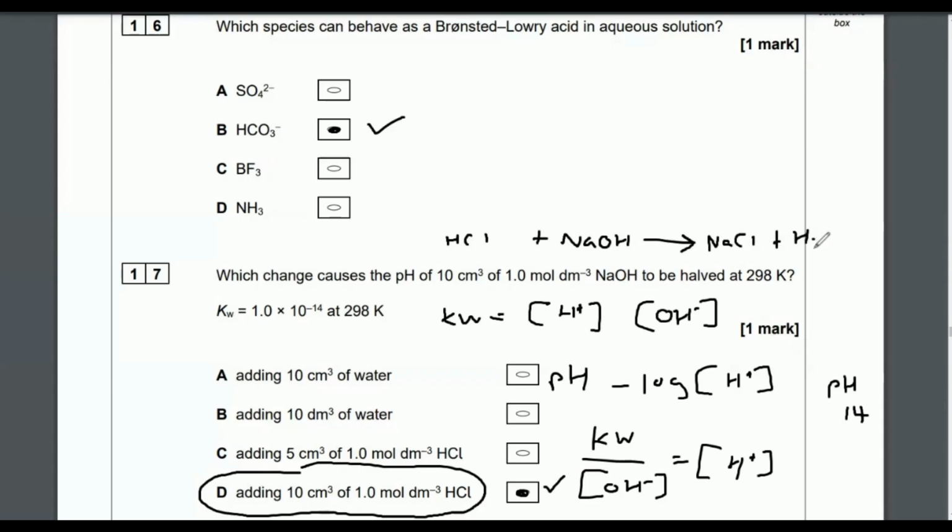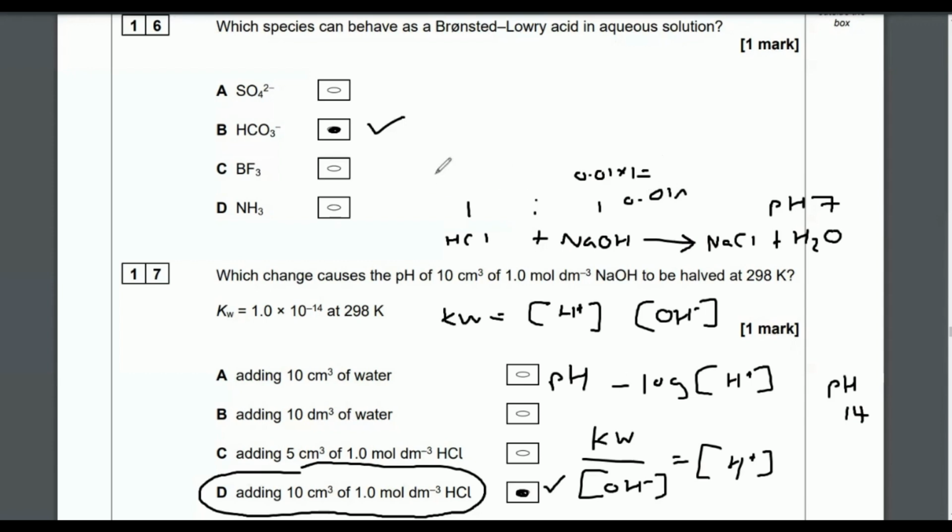I was going to do all the calculations, but there's no need now. We know that the moles of these are equivalent. It's a 1-to-1 reaction, so we're only going to end up with sodium chloride and water, and if you have salt and water, with no excess acid or alkali, you have pH 7. So I could have just worked out my moles of sodium hydroxide: 0.01 times 1 equals 0.01 moles.